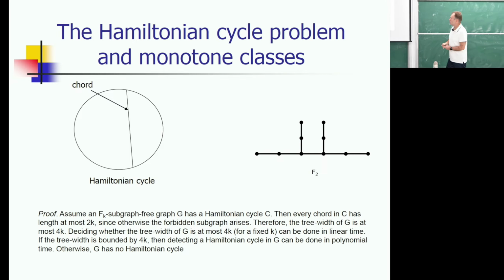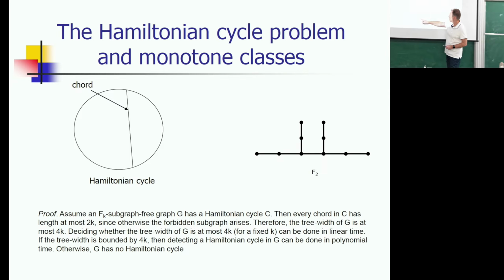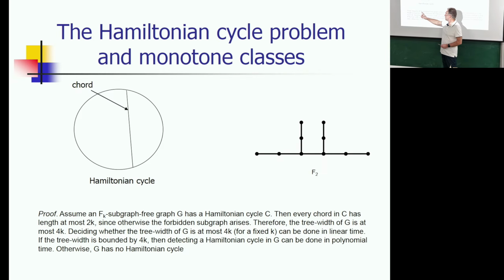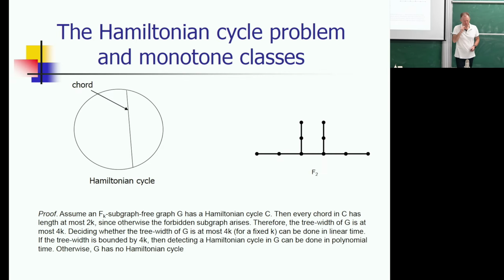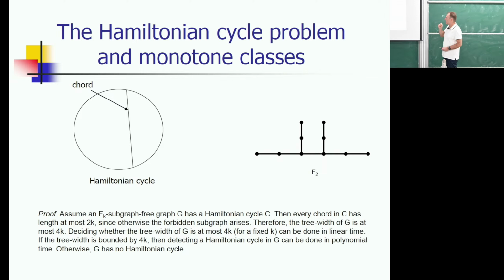Now, assume we have a graph G, which is F_k subgraph free. k is a fixed number. And assume that our graph has a Hamiltonian cycle.